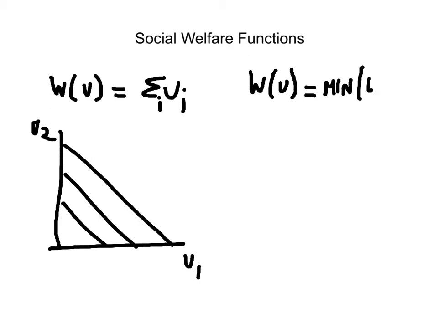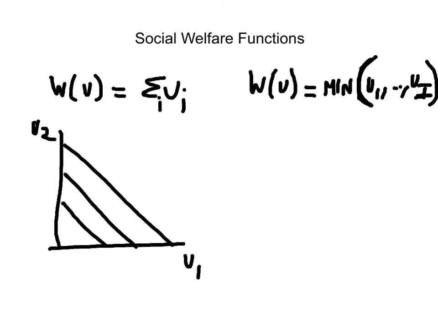So it's the lesser of all, the lesser of the profile of utilities of all individuals in society. The social planning problem becomes one of maximizing the utility of the worst off individual. So this is some kind of a Rawlsian social function.